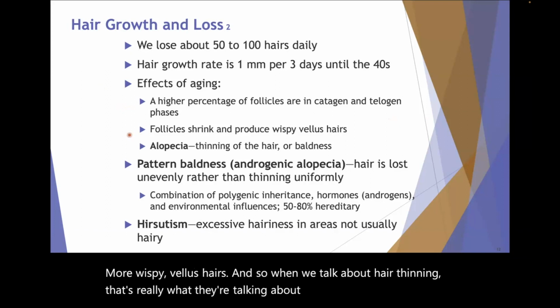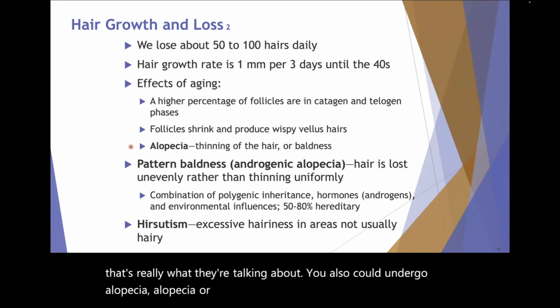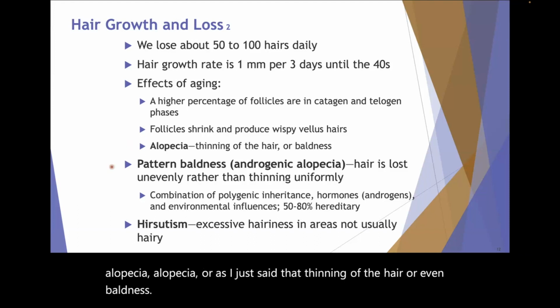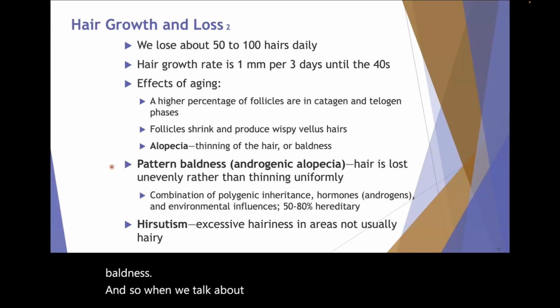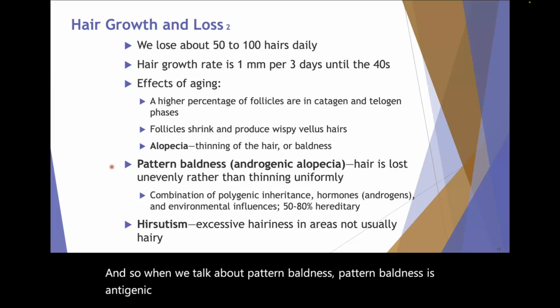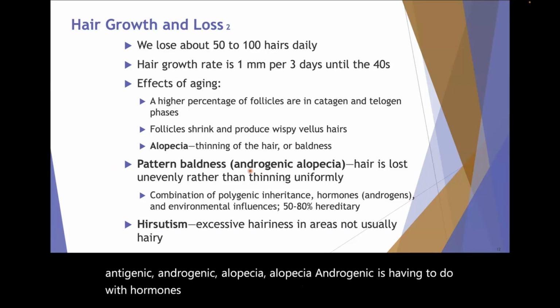You also could undergo alopecia, or as I just said, that thinning of the hair, or even baldness. Pattern baldness is androgenic alopecia. Androgenic has to do with hormones, okay, androgens.